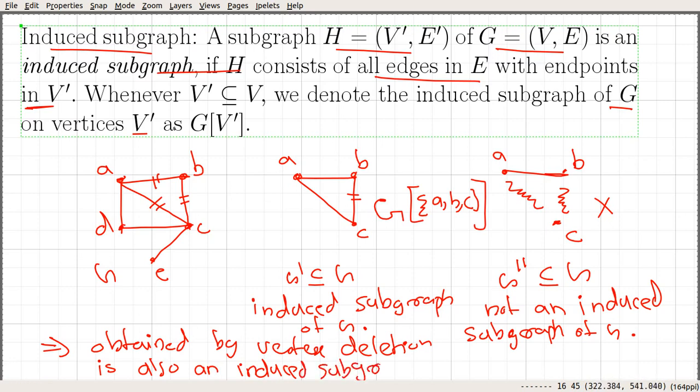In order to obtain this graph from G, what we can do is take this graph and delete D and E. When we delete D and E, we also delete the edges incident on them. So we delete this one and this one, and if you do that, you get this graph. So an induced subgraph is obtained by vertex deletion.